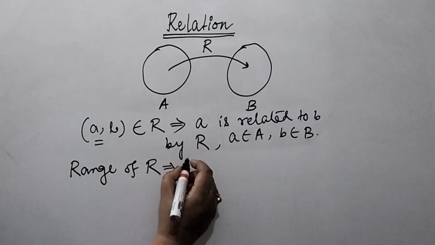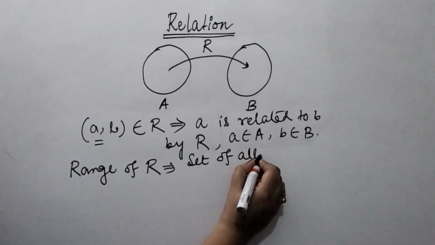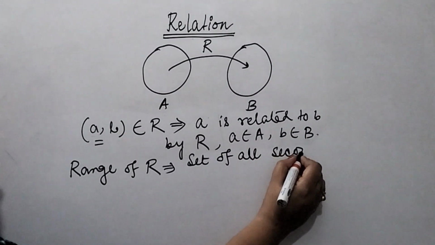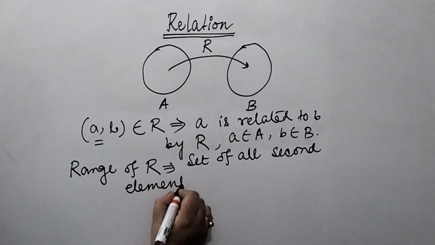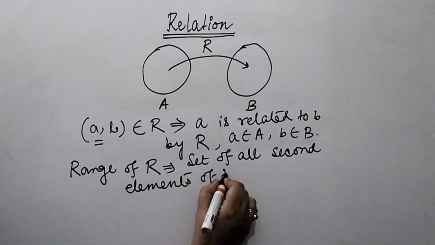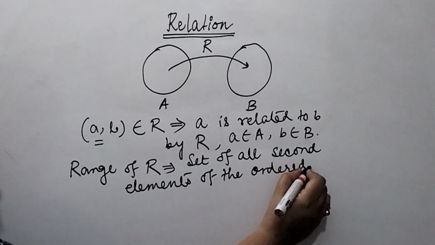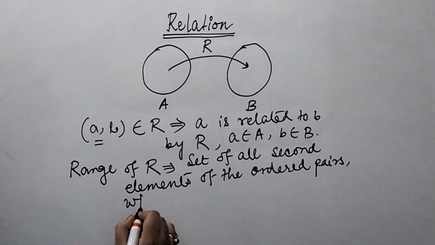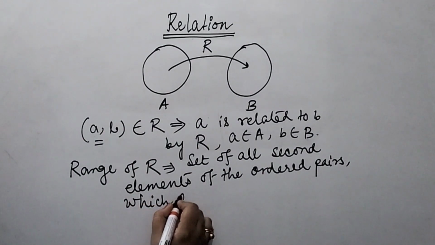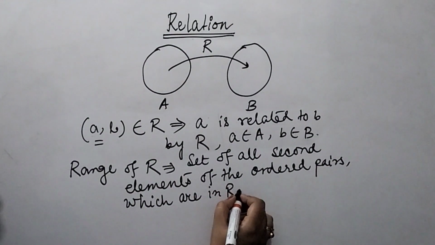So range of R means the set of all second elements of the ordered pairs which are in R.